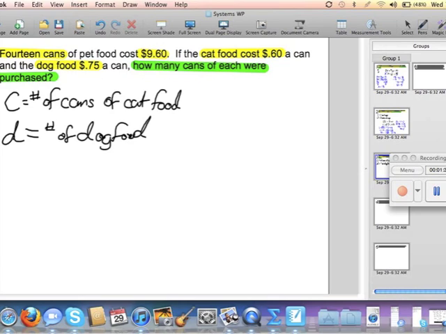From here, we know that we have 14 cans total, and in order to write our equation as total cans, number of cans of cat food plus number of cans of dog food gives me 14 cans total.